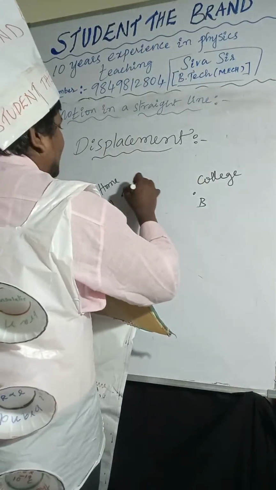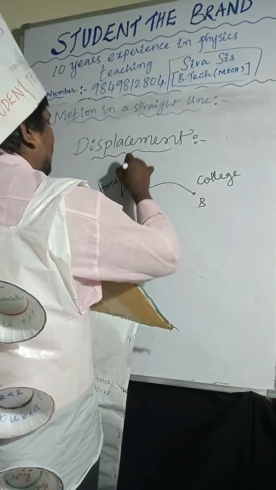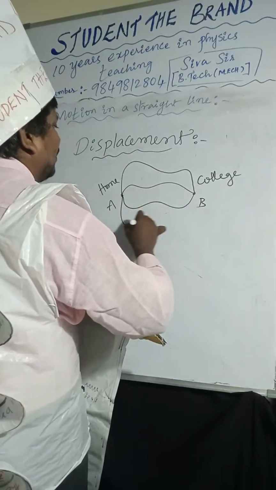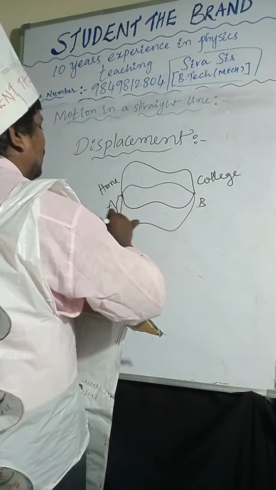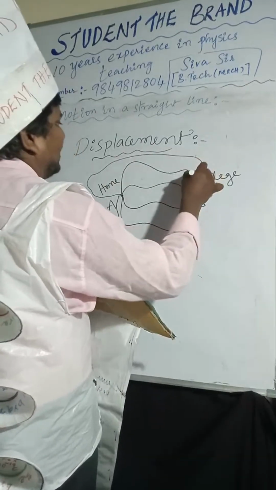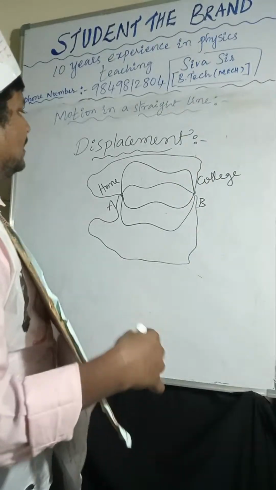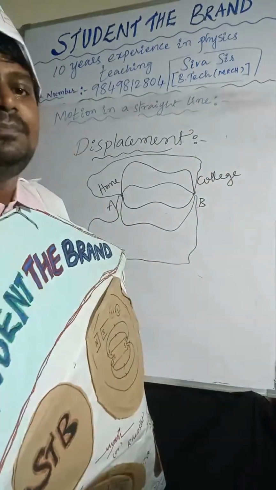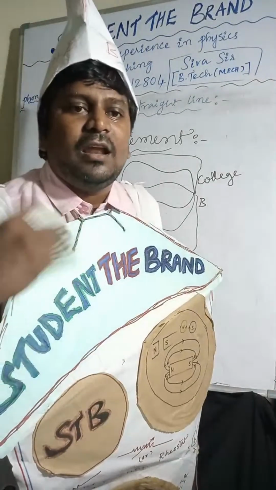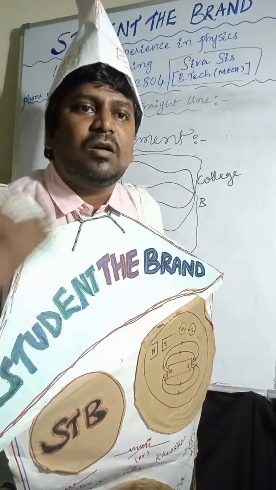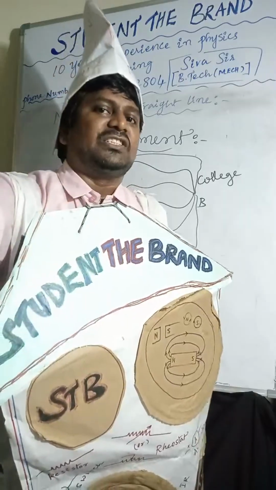I can go this way, this way, or like this also. There are many paths. The total length covered by an object is known as distance.